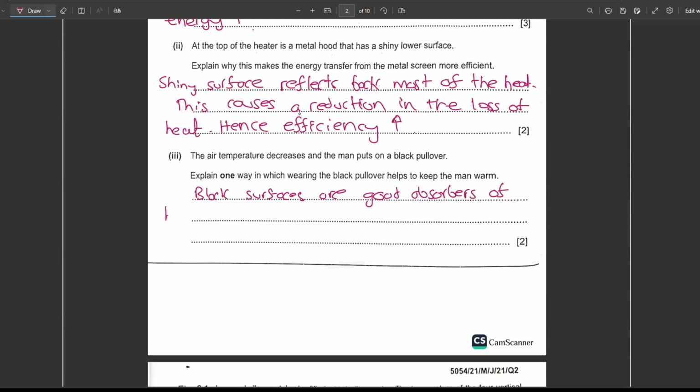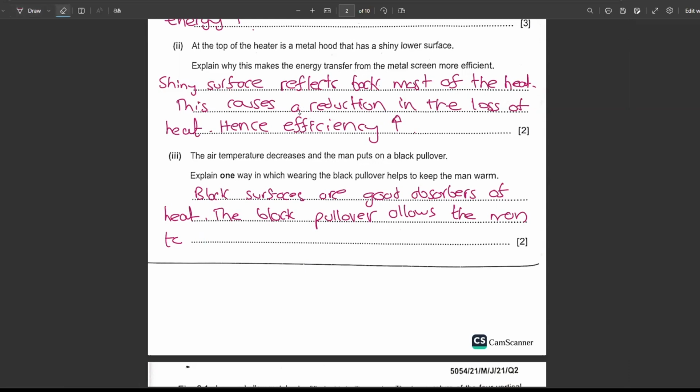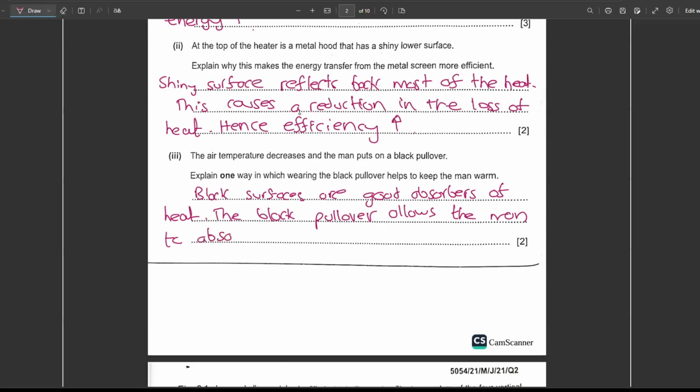The black pullover allows the man to absorb a large amount of heat, and this keeps the man warm. Simple as that.